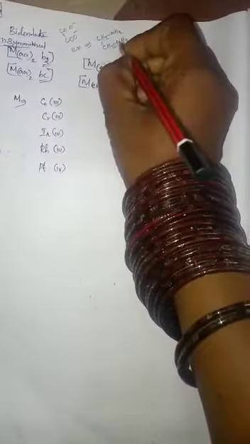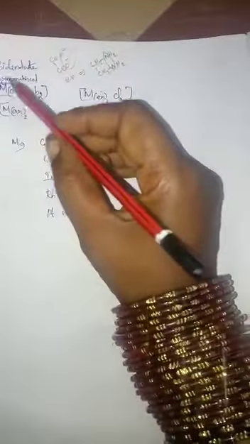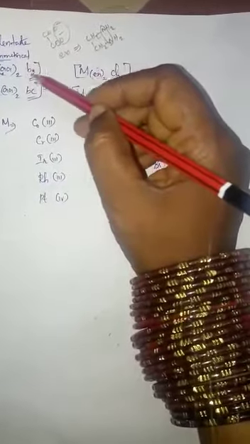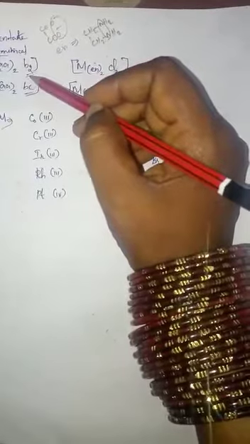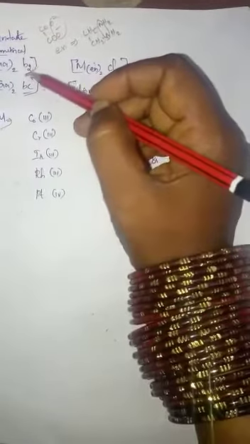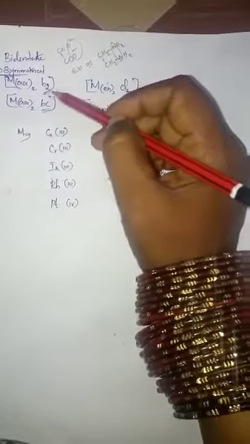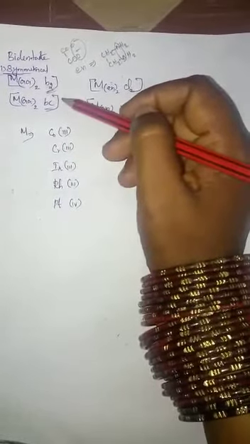Here nitrogen is the same donor atom, 2 nitrogen donor atoms. Here 2 oxygen donor atoms. So symmetrical means the same type of donor atom. And B2, unidentate ligands, we can say will show geometrical isomerism.